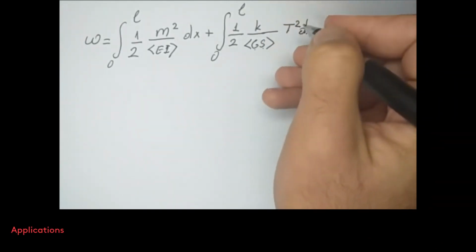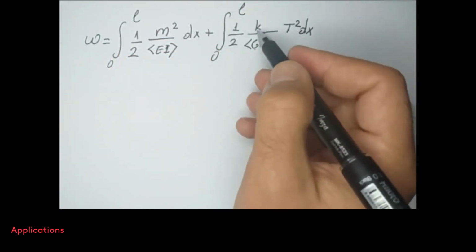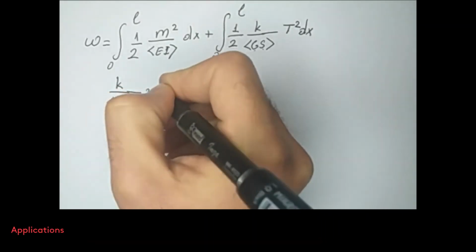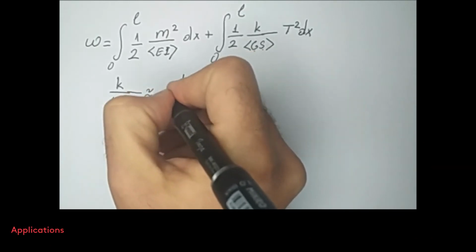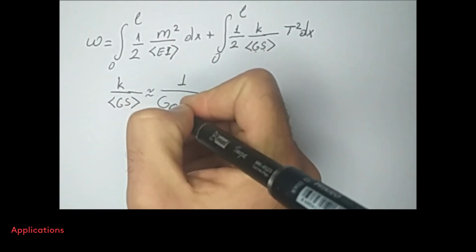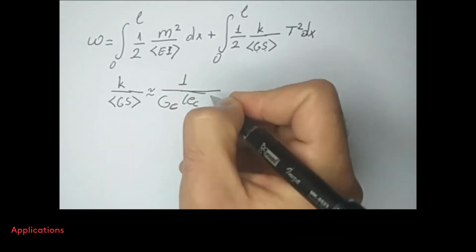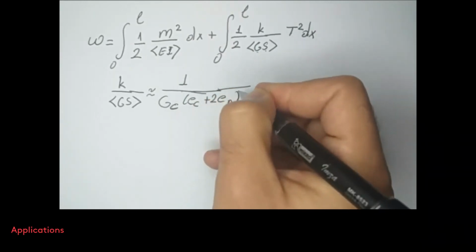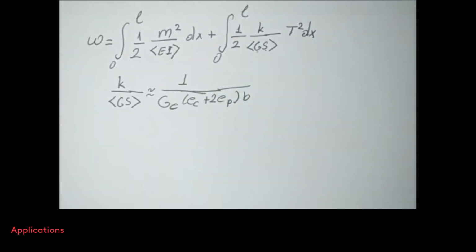In fact, we can write the K approximately as 1 over GC, EC is the thickness of the core material plus 2 EP, multiplied by the B. B is the width, and in fact we can write the average value or effective value of the Young modulus multiplied by the moment of inertia.